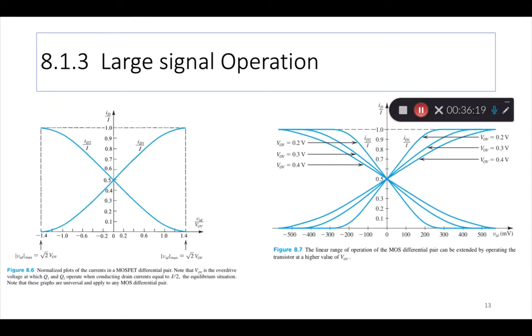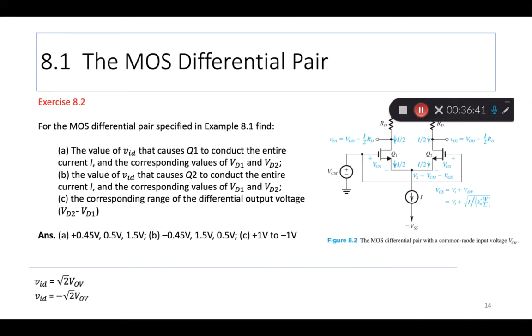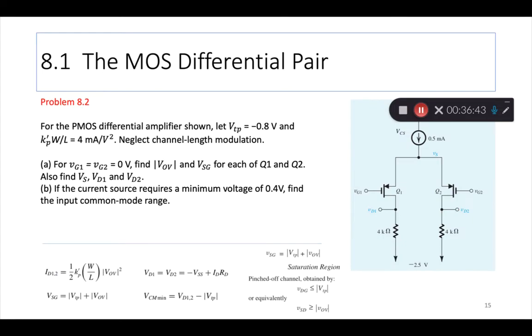Okay, so that's an important lesson to learn from these graphs. More overdrive voltage, the better, and that means the higher the biasing current, obviously, the better amplifier performance you can get out of the pair. Okay. All right.